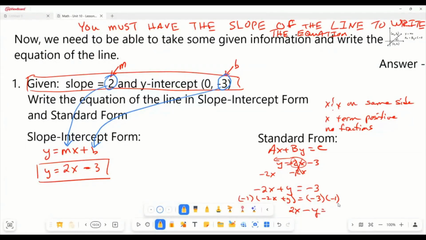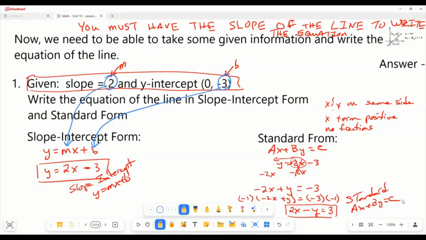Negative 3 times negative 1 is positive 3. x and y on the same side, x term is positive, no fractions. There is standard form. Slope, intercept, standard.